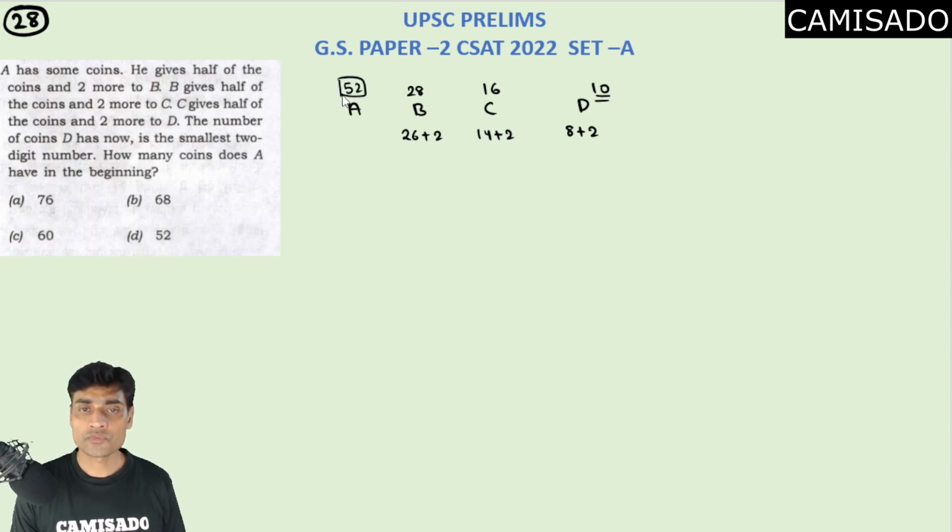So A has got 52 coins with him. You can verify: A has 52 coins, half is 26, adding 2 you get 28. Again half of this is 14, 14 plus 2 is 16. 16 half is 8, 8 plus 2 is 10. So D has got 10 and A has got 52 coins.